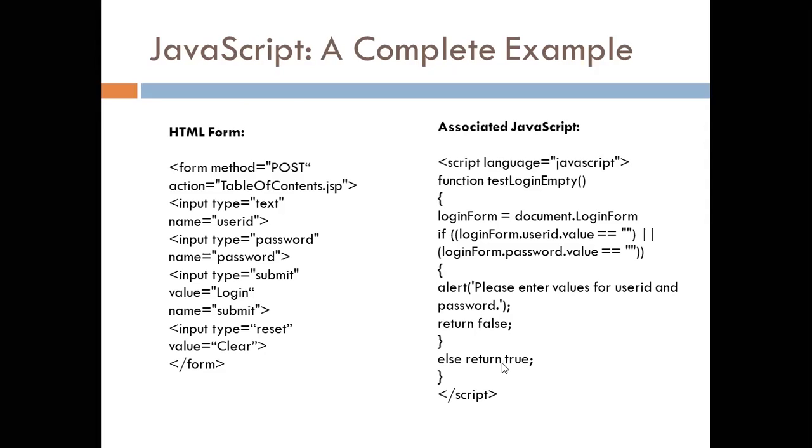This returning of false and true is based on the programmer. Then close the if condition, then close the function and close the script. This follows the C programming syntax, just like that. And this function must be called from somewhere.